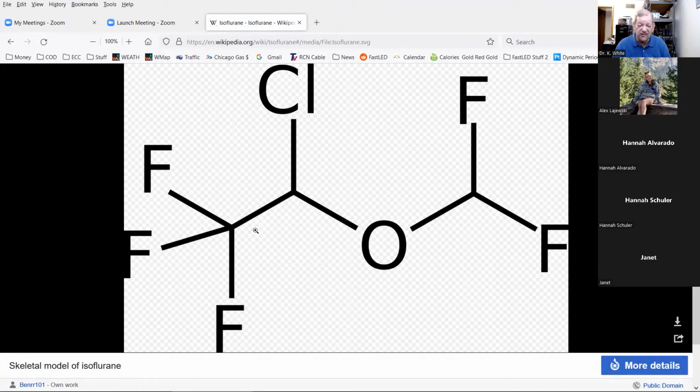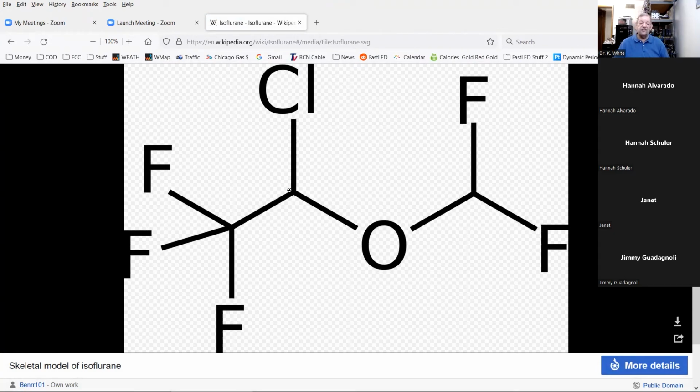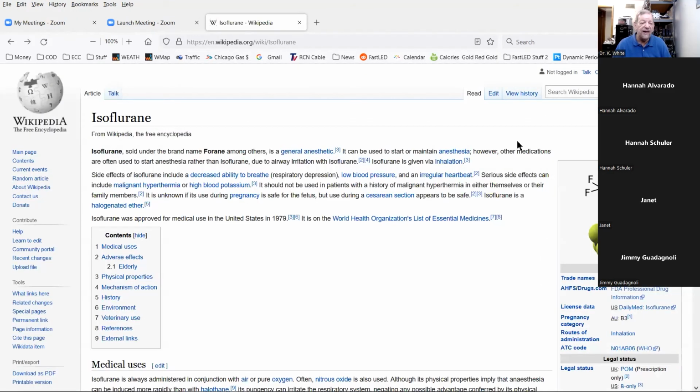Every intersection right here and here is a carbon. There's a carbon here, 2 here, and this carbon has 3 fluorines. This one has a hydrogen and a chlorine. This carbon on this side has 2 fluorines and a hydrogen. Now, this molecule has a trade name, isoflurane. How they got that? Well, the fluorine in there, probably.